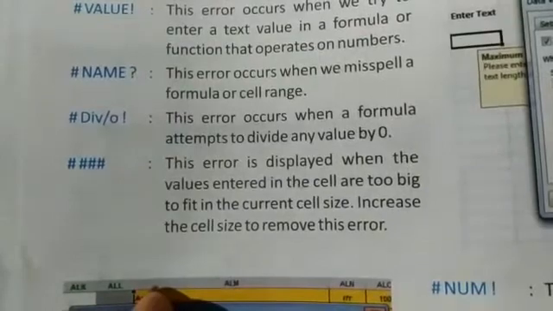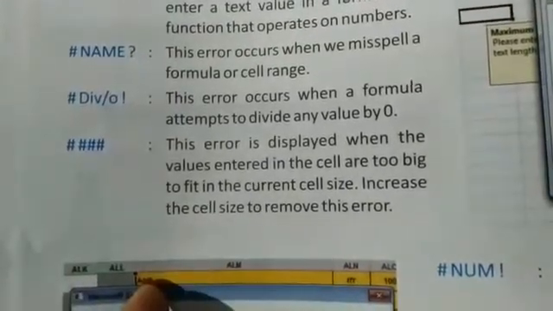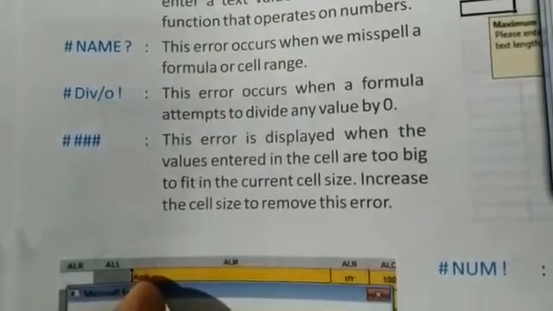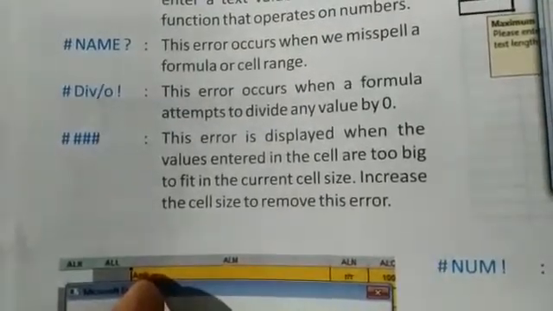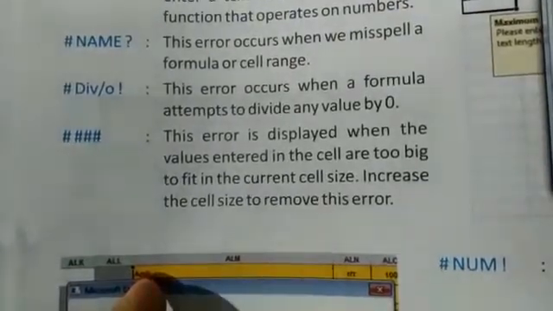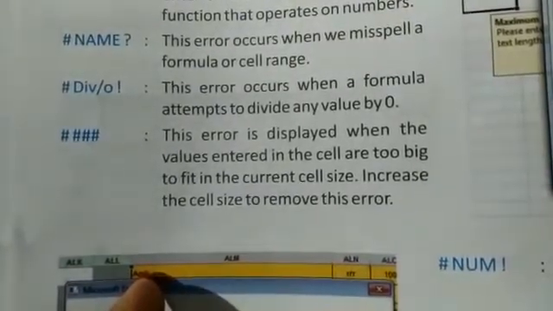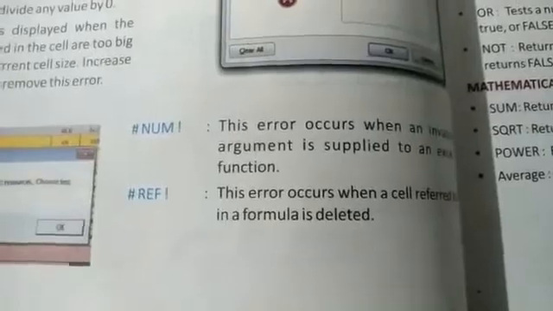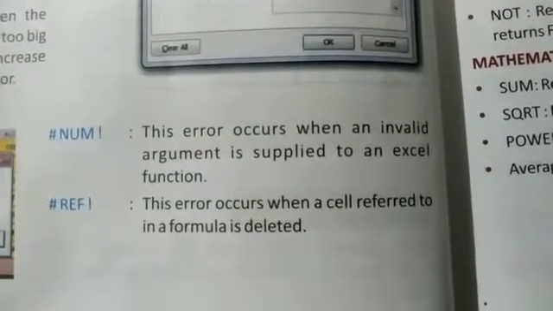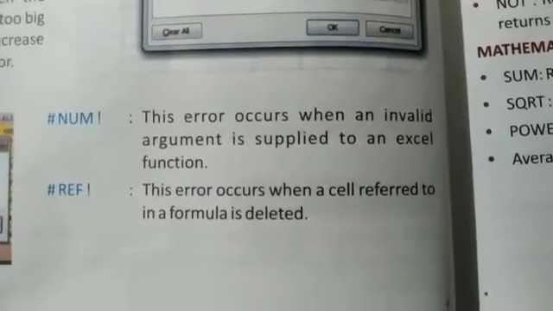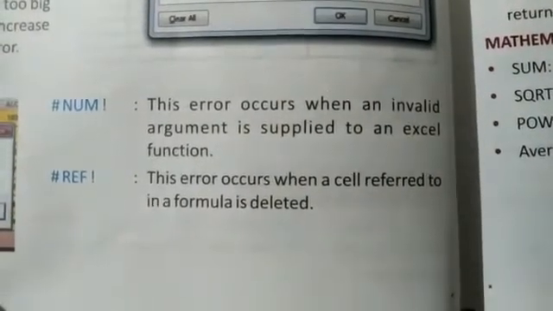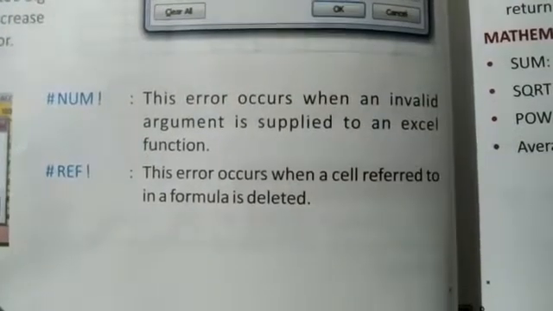The multiple hash error is displayed when the values entered in the cell are too big to fit in the current cell size. If you increase the cell size, it removes this error. #NUM! occurs when an invalid argument is applied to a function. #REF! occurs when a cell referred to in a formula is deleted.